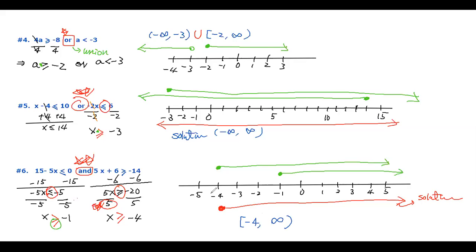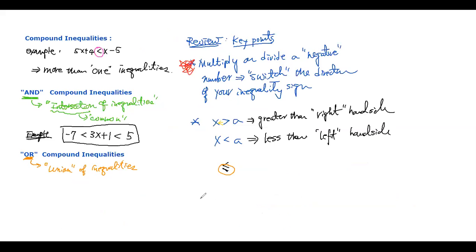That is the 6th example I did in this video, talking about compound inequalities. So remember, it's very important here. For a compound inequality, if it's and, it's your intersection. What does the intersection mean? That means you find the common parts, right?